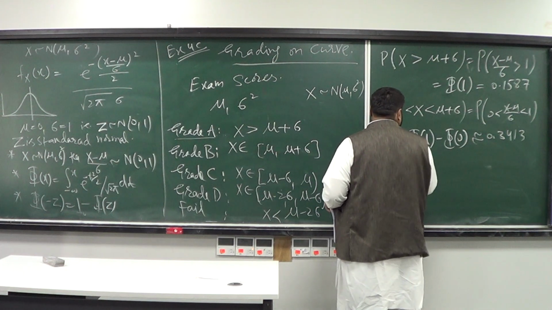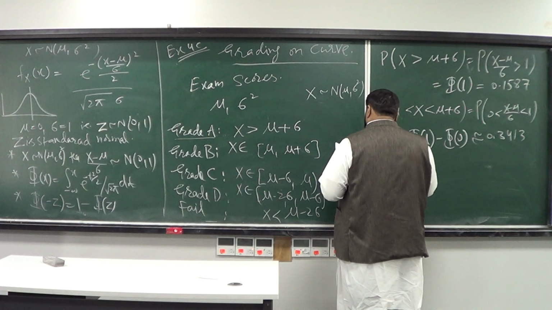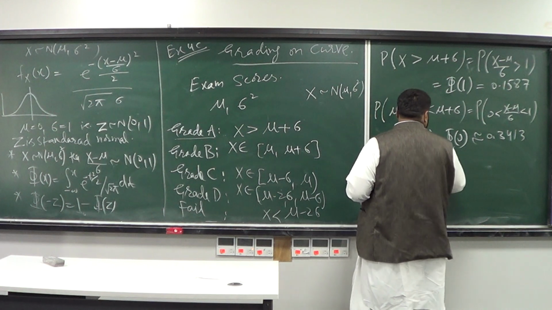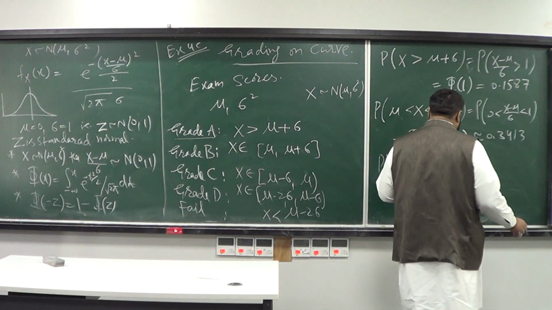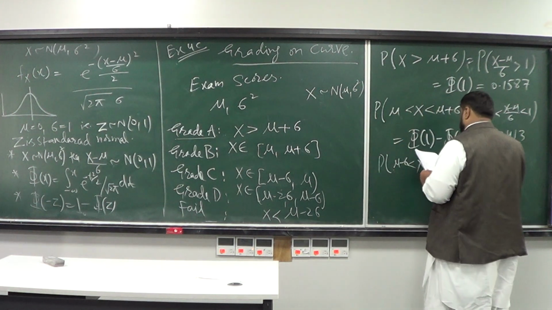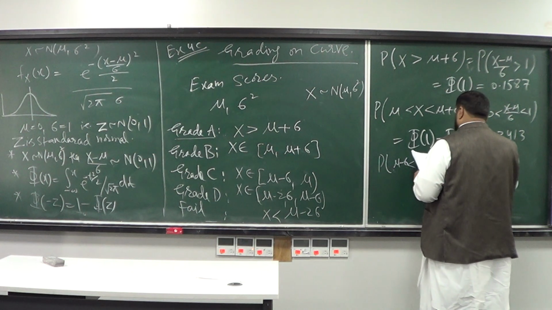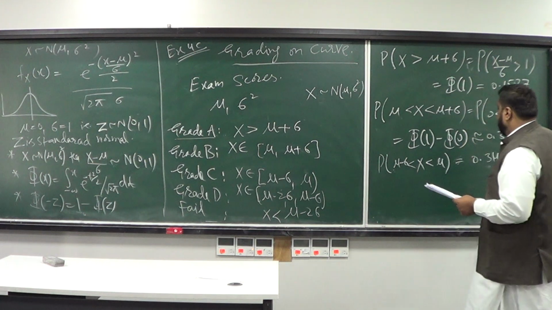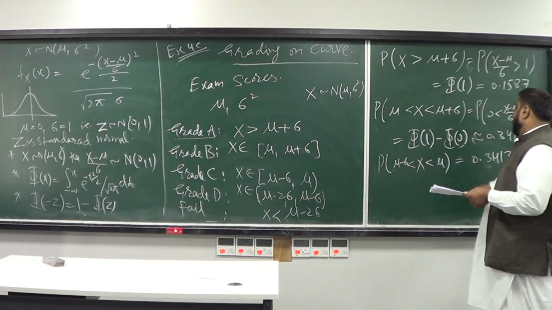So say between mu minus sigma and mu. You can compute this probability, and it turns out that this is also 0.3413. You can use the same principle, but what you get is phi of 0 minus phi of negative 1.